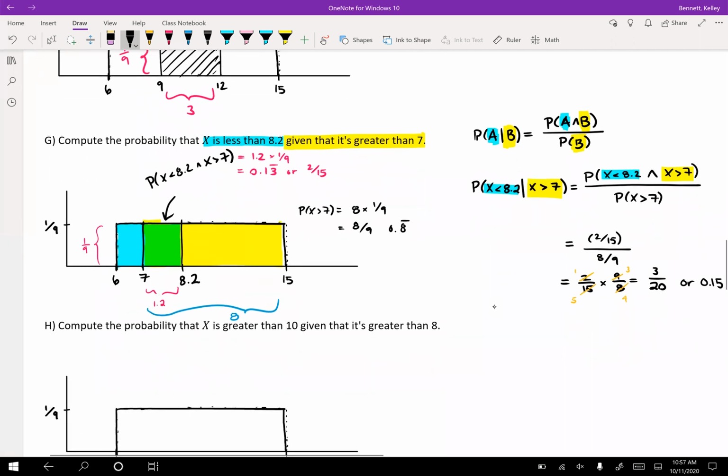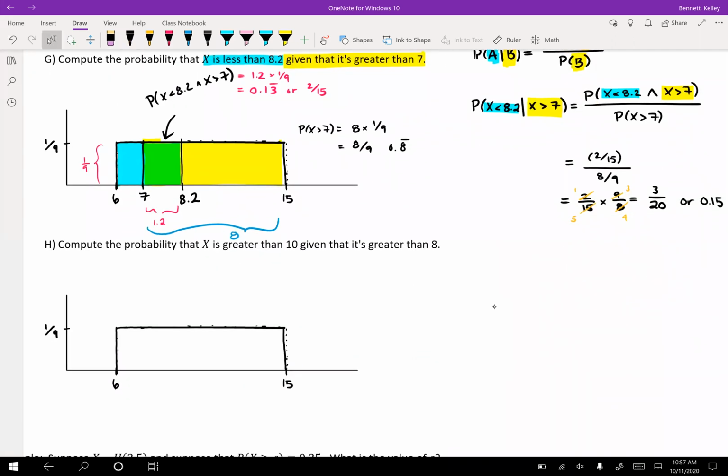Let's try another conditional probability. Compute the probability that x is greater than 10, given that it's greater than 8. So I need to mark off 8, again, not to scale, and 10. So given that it's greater than 8, that's going to be this yellow region here.